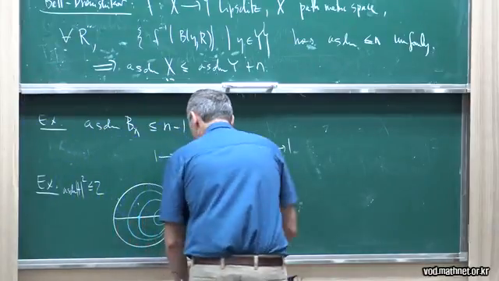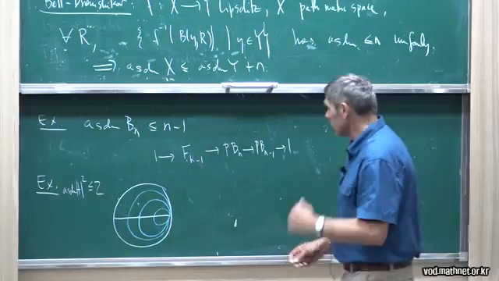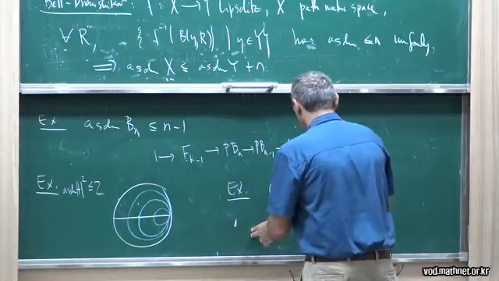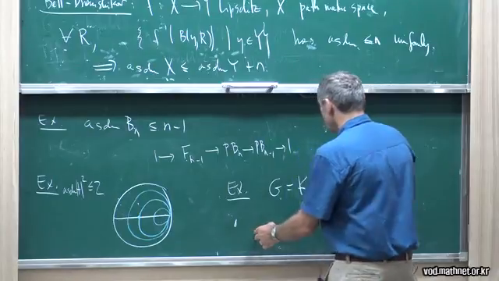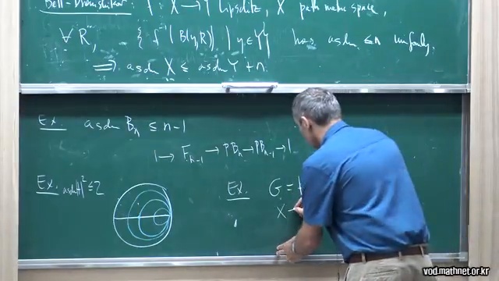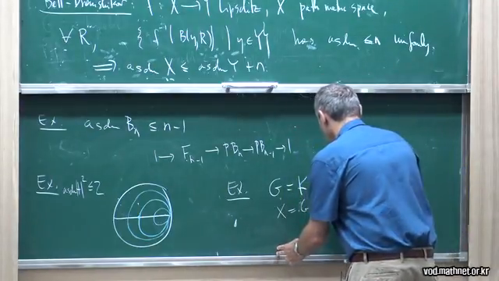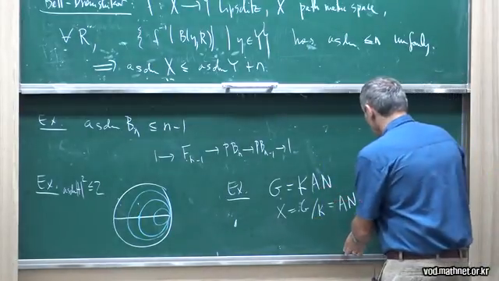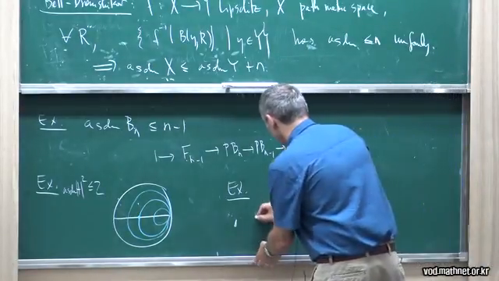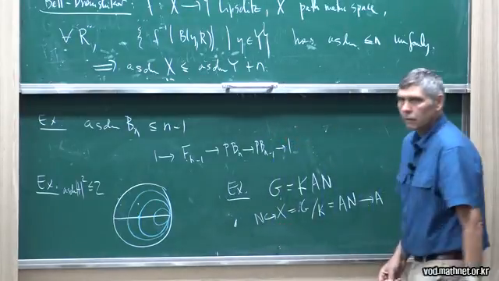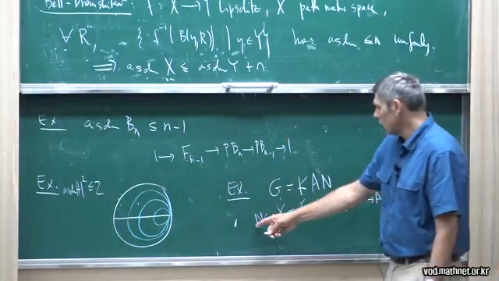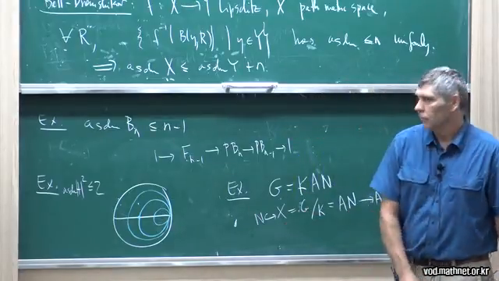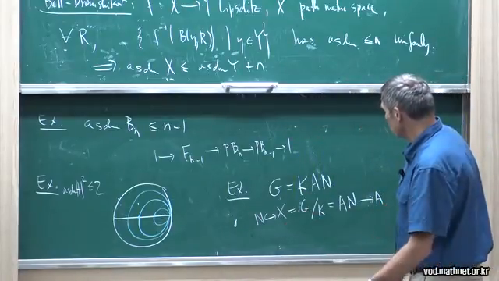You can also do this with symmetric spaces. If you have a group that has the KAN decomposition, then the symmetric space is G mod K, and that's AN. And so you can map this to A, and then the fiber is N. And for the same reason, this is a nilpotent Lie group. You can prove that nilpotent Lie groups have asymptotic dimension bounded by their dimension.